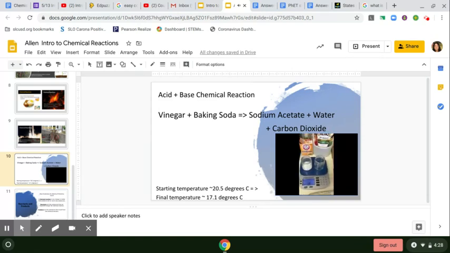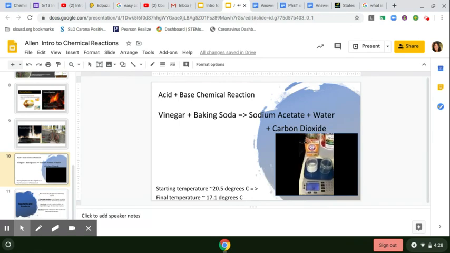A gram of carbon dioxide gas was released. And some other indicators that we've created a new substance would be the bubbles. You can see it continues to bubble. We may even lose another gram of carbon dioxide gas.